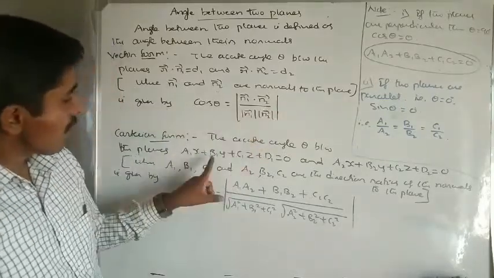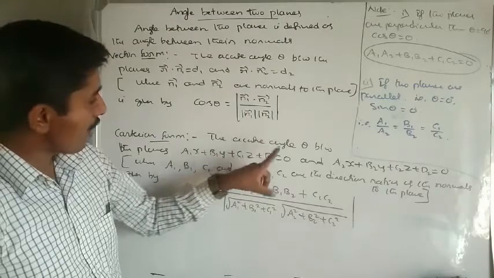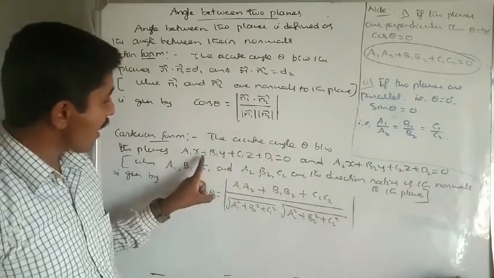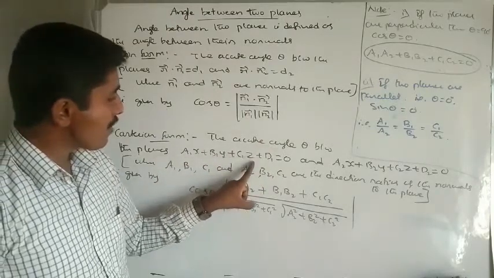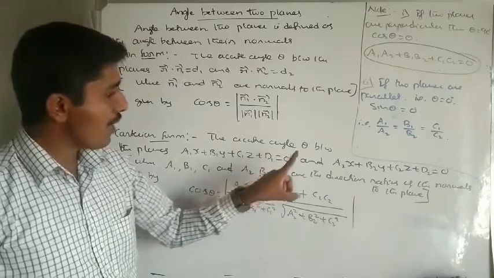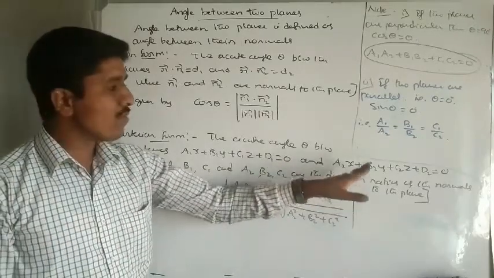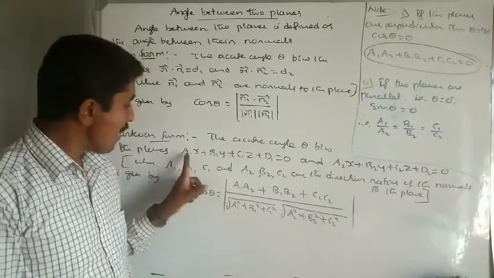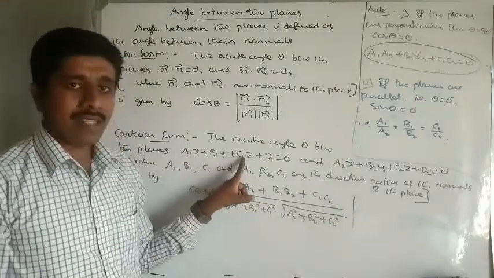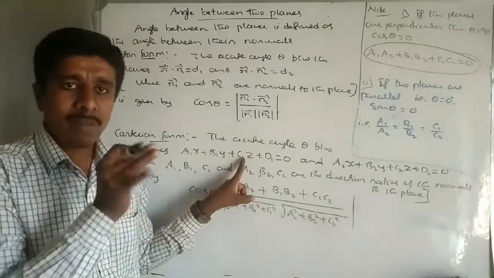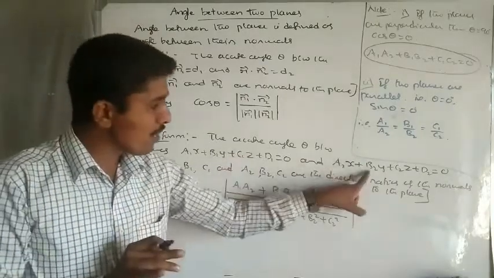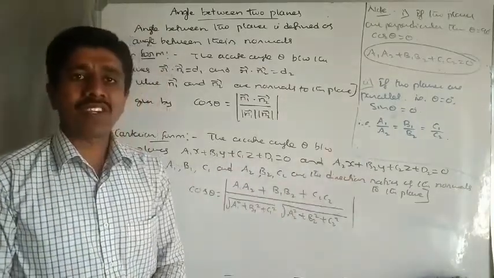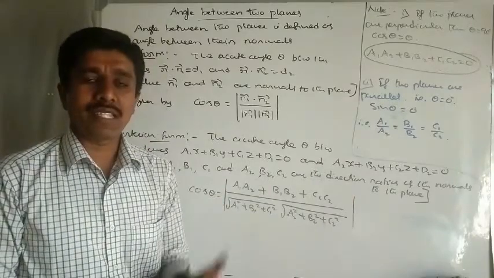Next, in Cartesian form, the acute angle theta between the planes a1x plus b1y plus c1z plus d1 is equal to 0 and a2x plus b2y plus c2z plus d2 is equal to 0. Here a1, b1, c1 are the direction ratios of the normal to the first plane, and a2, b2, c2 are the direction ratios of the normal to the second plane.